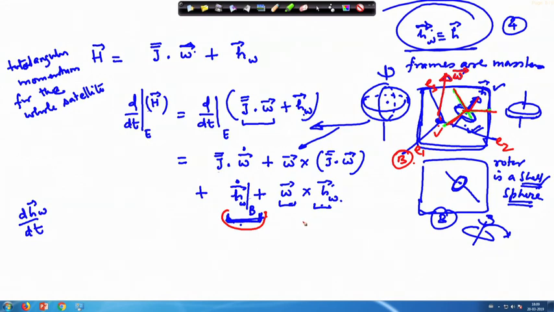So, if we use this and then write it here in this way, M is the external torque acting on the system, and of course, here we are assuming that this is not changing much, and therefore this is remaining almost constant.